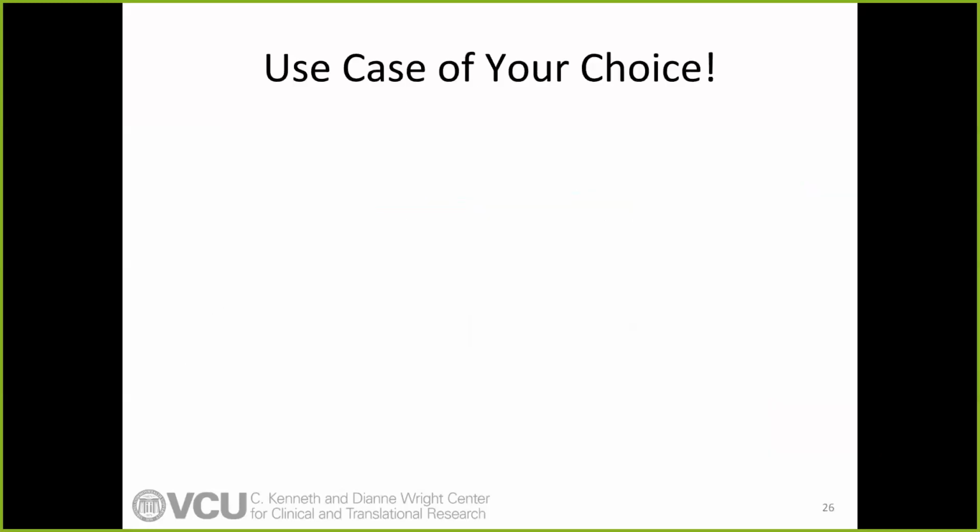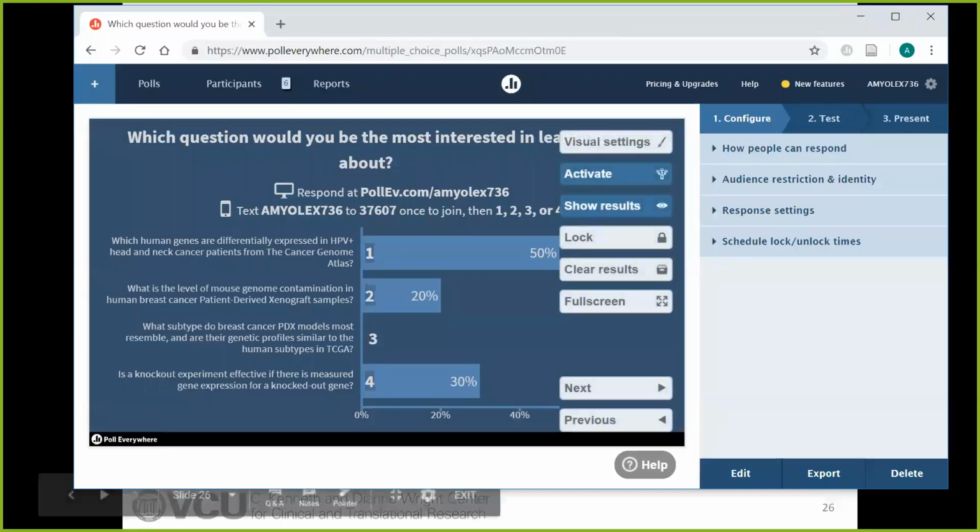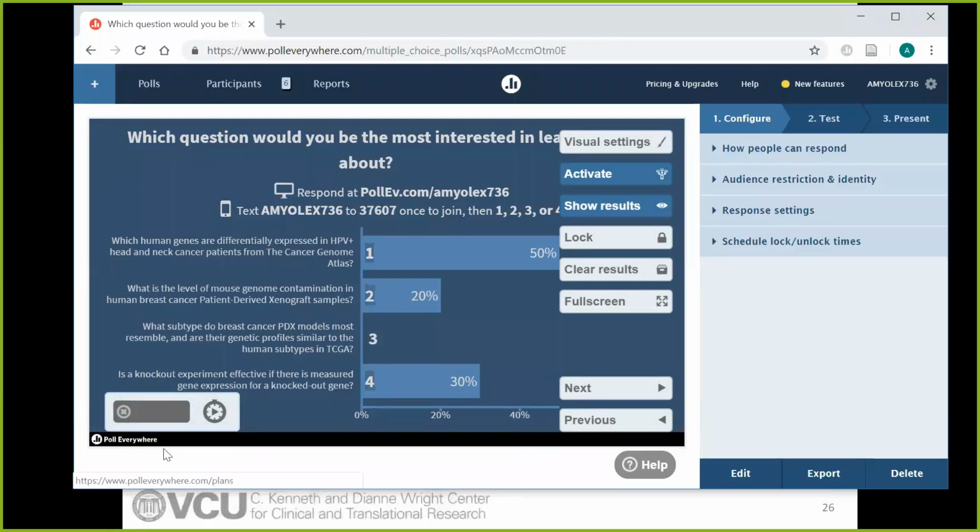Okay, use case. All right. Here are the results of our survey. So you want to learn about the HPV head and neck cancer patients from TCGA. And then if I have time, I'll go into this last one, which is a little short. So thank you for voting.